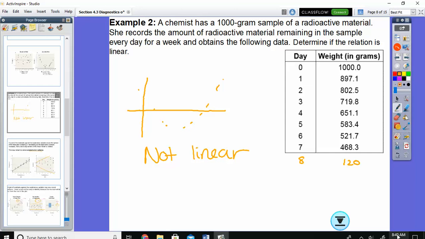Can you look at your new residual plot? You need to rerun your regression line though, right? So you need to do stat calculate number 4 to get the new regression line with this new point in here. And then we'll go to our stat plots and plot our residuals.